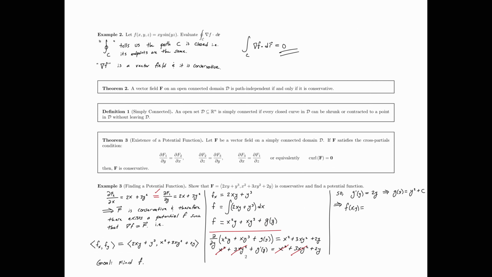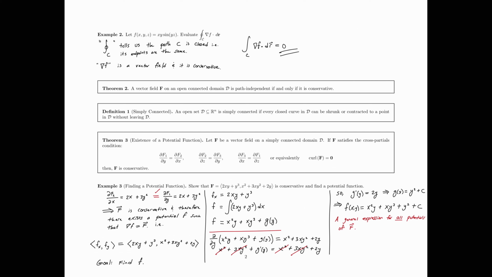So this would be x squared y plus xy cubed plus y squared plus c. And what this is, is a general expression for all potentials of capital F.